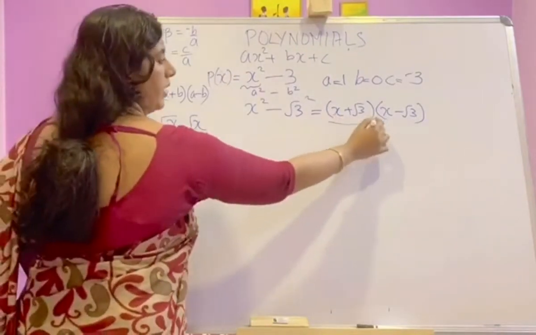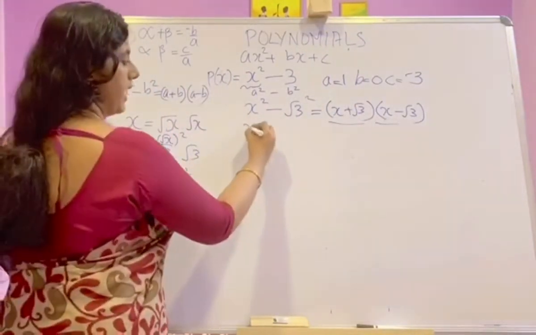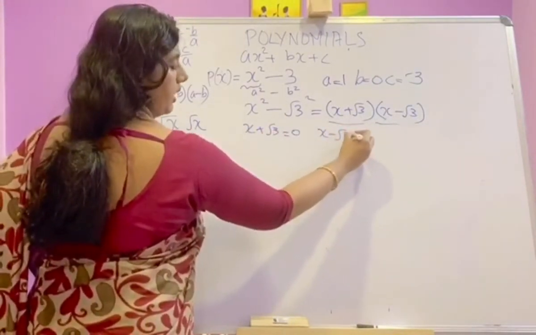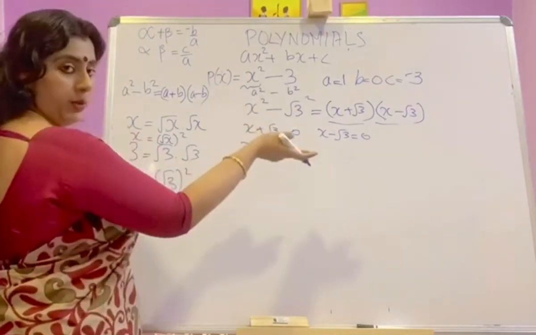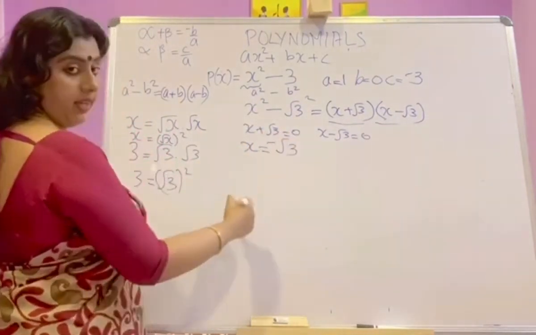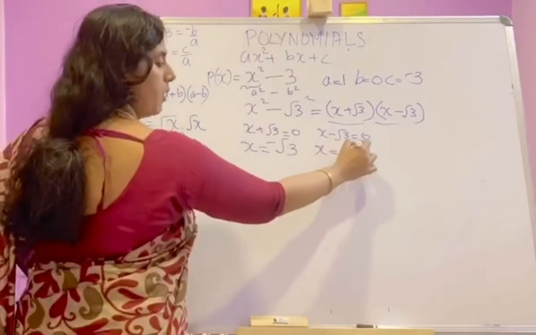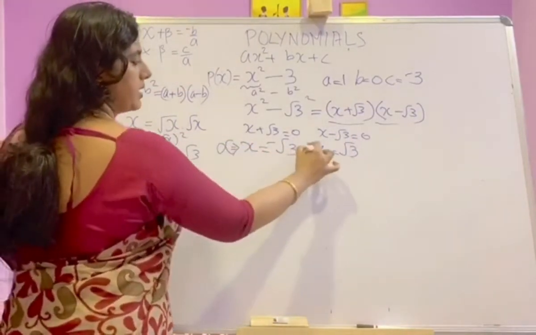Now here we got two factors. Now we can equate each to 0, that is x plus root 3 equal to 0 and x minus root 3 equal to 0. Here x is equal to plus root 3 going to the RHS becomes negative root 3, and x is equal to negative root 3 going to the RHS becomes positive root 3. This is the alpha and this is the beta.